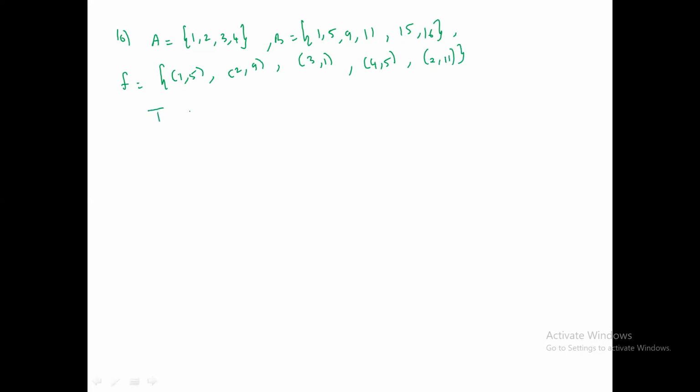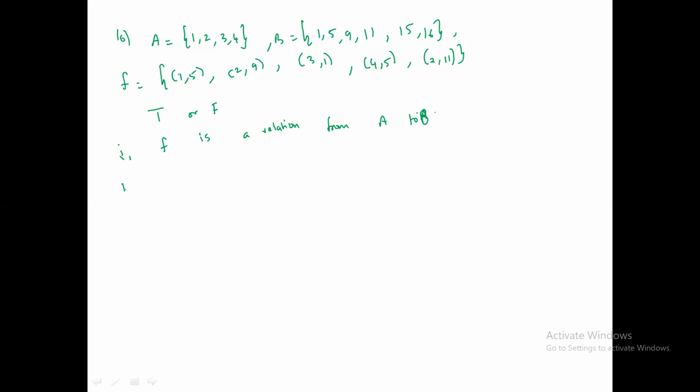Now you have to write true or false. The first one: F is a relation from A to B.